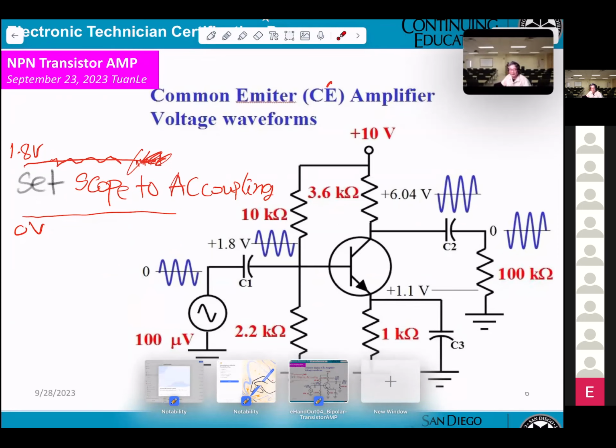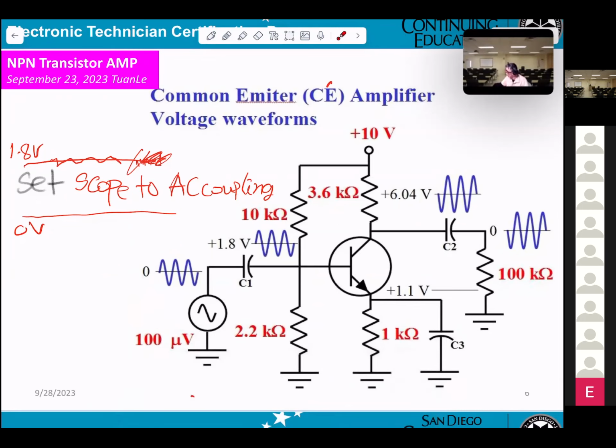Also the same. You get 100 microvolt here. They amplify the signal a little bigger. However, at this point, you also get 6.04 DC voltage. Okay, so you see that 6 point something in the middle, and this is the sideway. So you have to set the AC coupling.